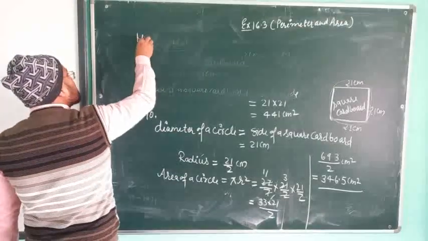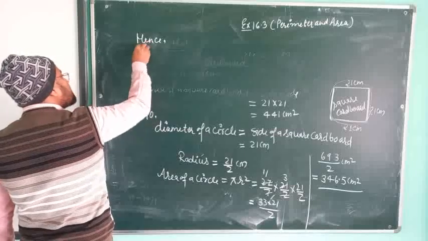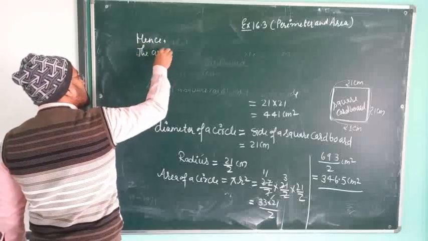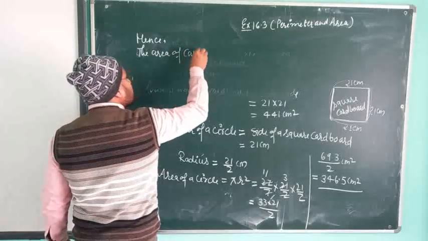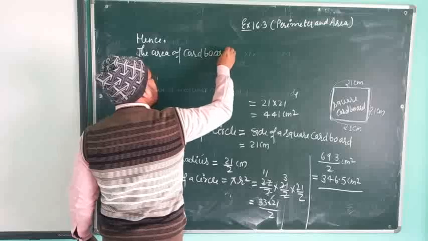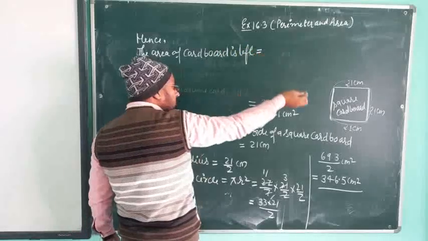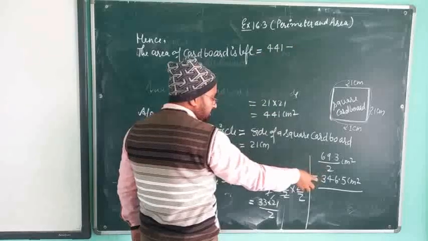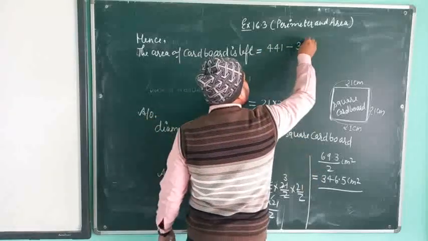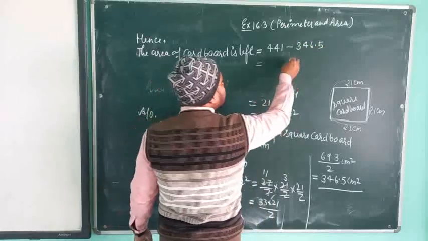Hence, the area of cardboard left is: from the total area of the square cardboard, 441, minus the area of the circle which is taken out from this one. Subtract it, you will get your answer.